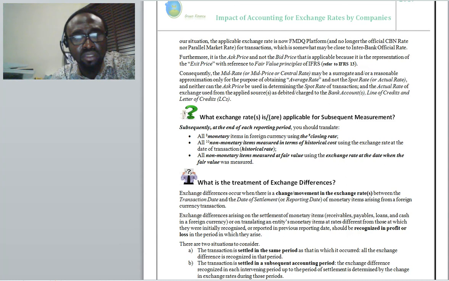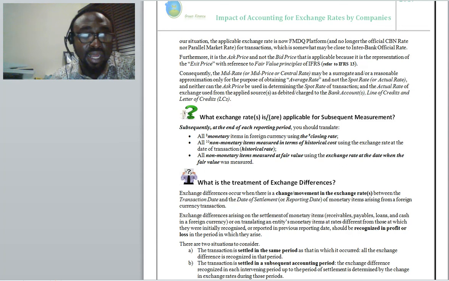Whereas measurement is subsequent to initial recognition, where transactions are to be reported on the basis of their nature or class subsequent to the initial recognition, which means how should transactions be reported at a later date? This constitutes what we are trying to discuss.